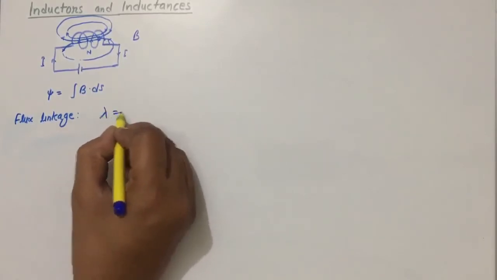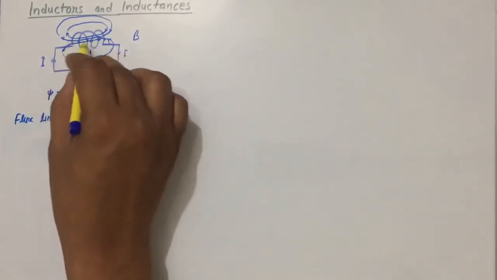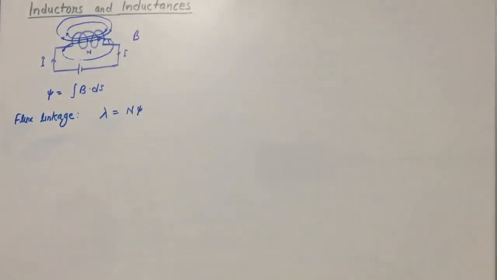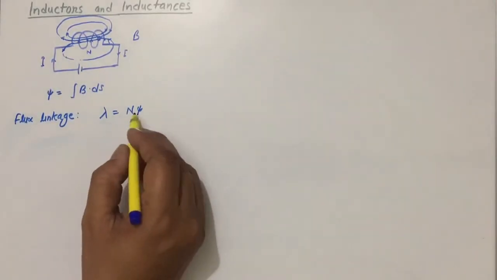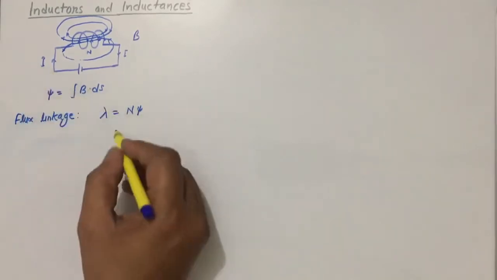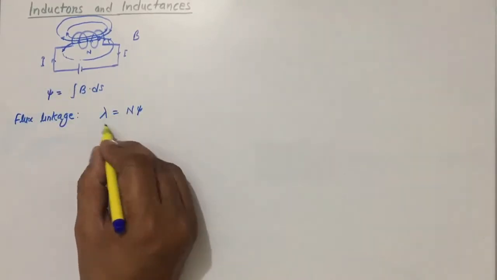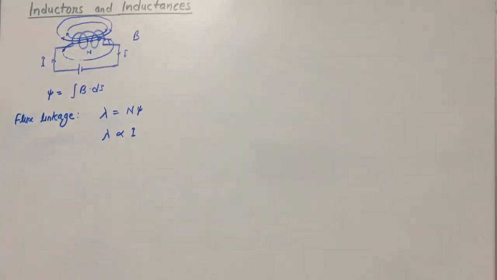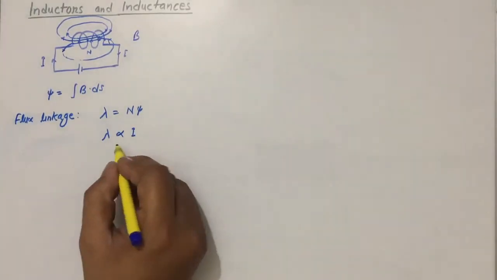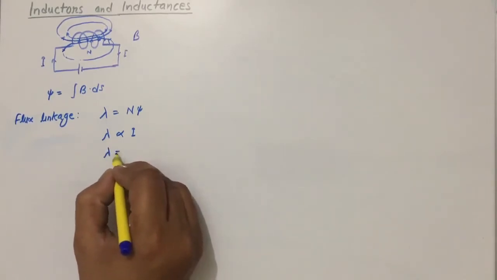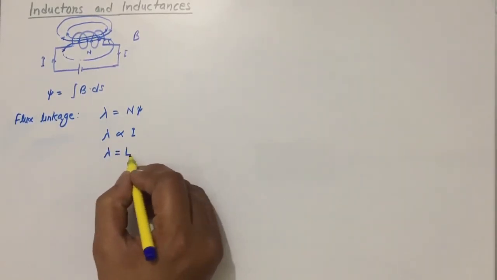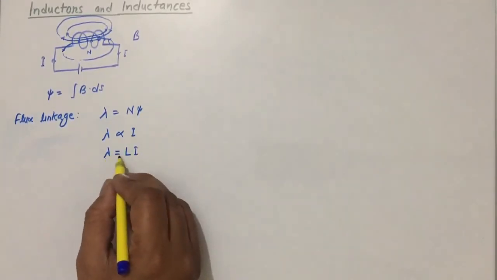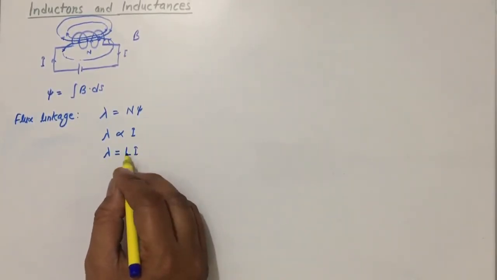This will be equal to the number of turns in the coil times the flux, and the cause of this is the current. So we can say the flux linkage is proportional to the current, and to remove the proportionality a constant is added, named L. Now flux linkage will be equal to Li.